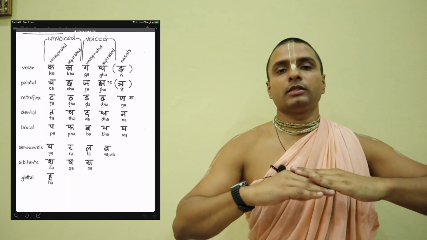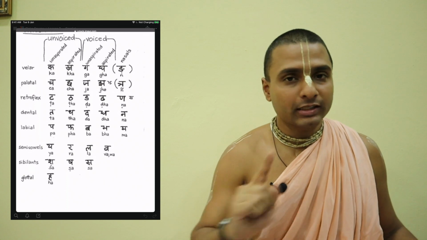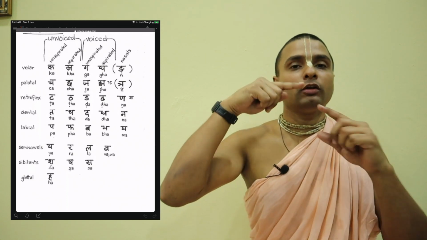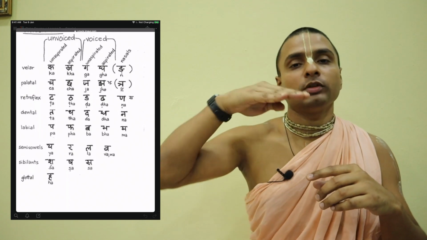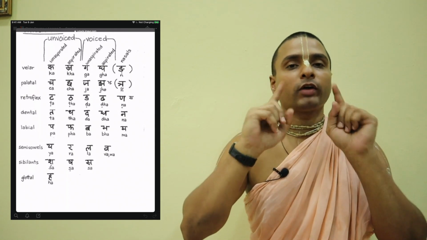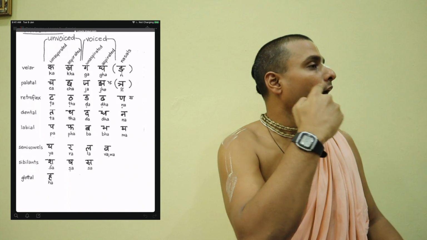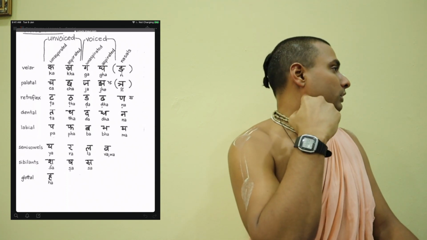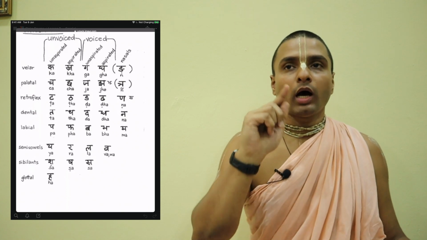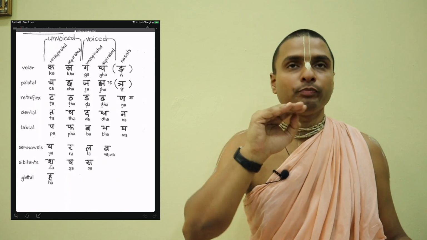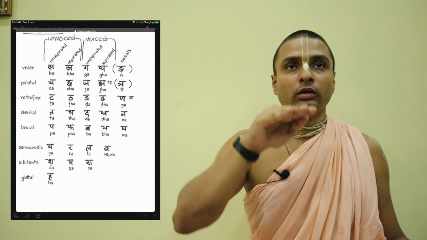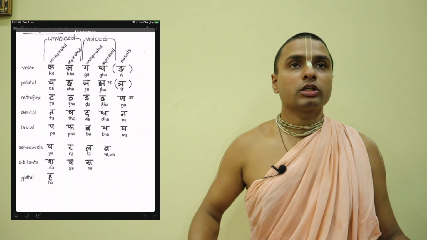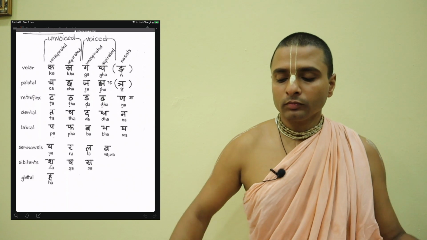The next series of consonant sounds are the palatal sounds, made when the middle of the tongue touches the top of the hard palate. The front part of the palate is the hard palate; the back part is the soft palate. So at the center of the top of the hard palate, the tongue touches, not with the tip of the tongue but with the center: cha.